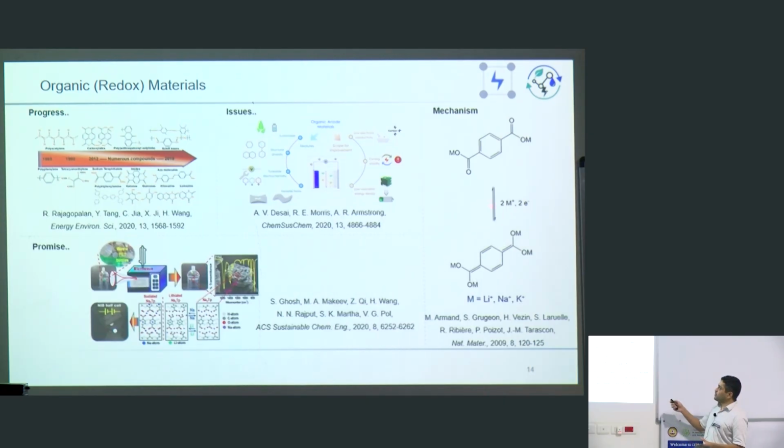And the moment this ion comes out of the system, it goes back to its original form. And this chemistry works the same way for lithium, sodium, and potassium. And there is no difference in the performance or the reversibility of all of these molecules. So, very simple chemistry. If you remember your preliminary organic textbooks, you had this keto enol tautomerism.